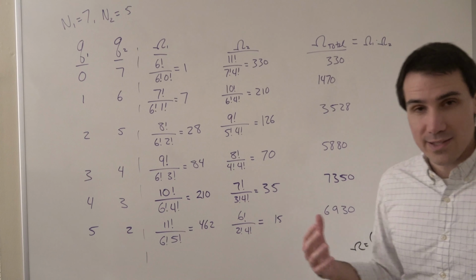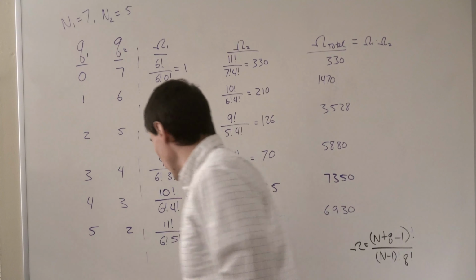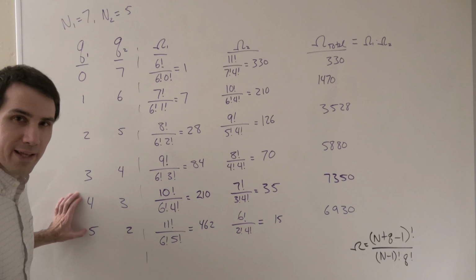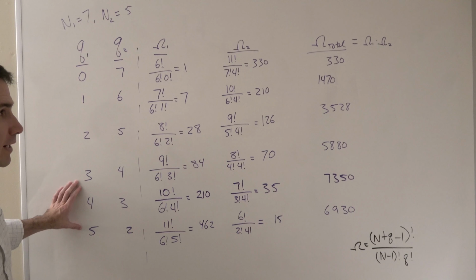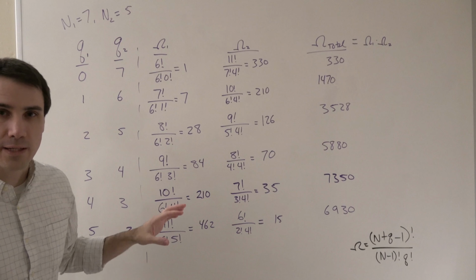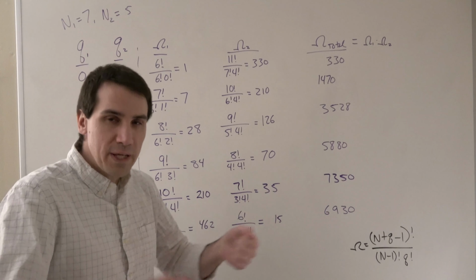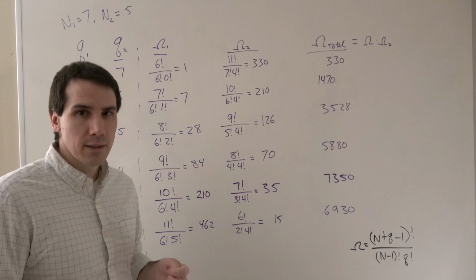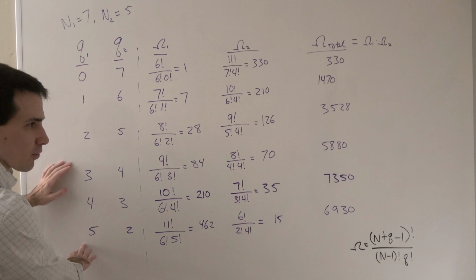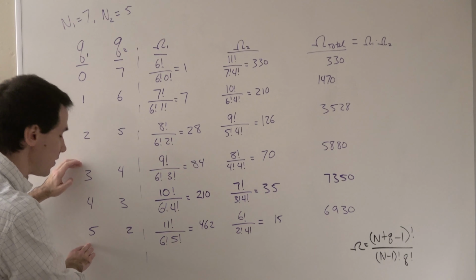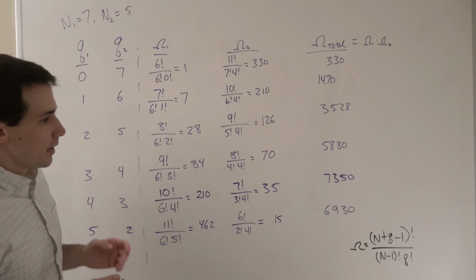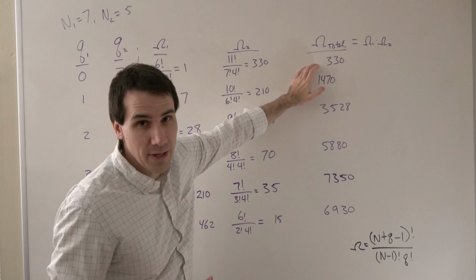And it doesn't have the most by a ton, but if you take, for example, these three together, they have close to 20,000 individual microstates, whereas these three together have maybe 5,000 microstates, right? So if I were to repeatedly shake the bag over and over again, mixing up my energy in these Einstein solids, I'm about 4 times more likely to find the system in one of these 3 states than I am to find it in one of these 3 states. And in fact, I'm exceedingly unlikely to find it in this state.